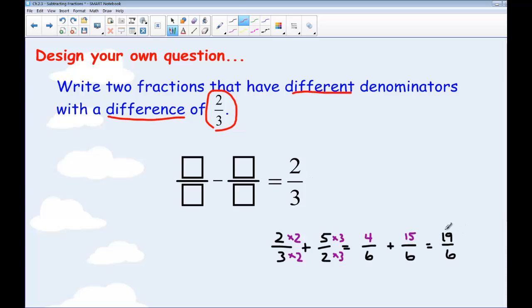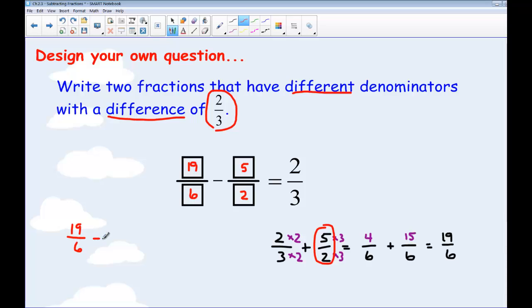So I'm going to take the 19/6, place it as the first fraction, and therefore if I subtracted the number that I had picked, the 5/2, then 19/6 minus 5/2 will therefore give me the 2/3.